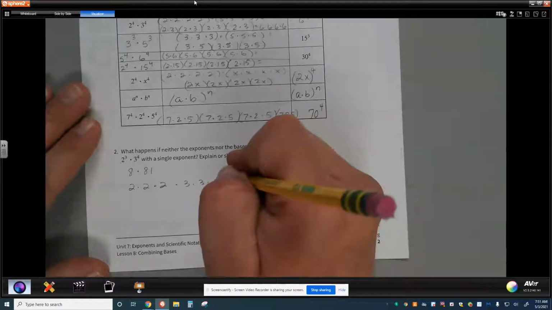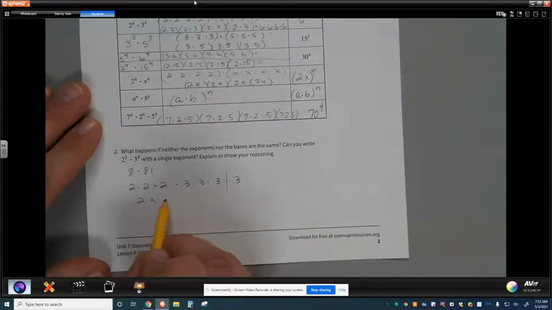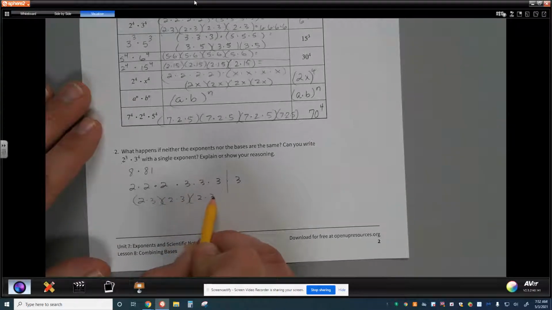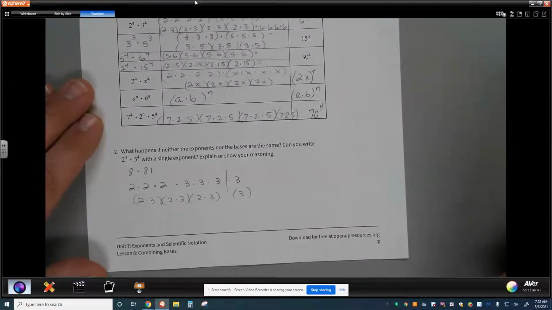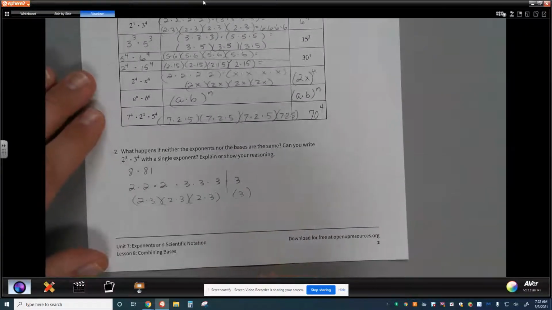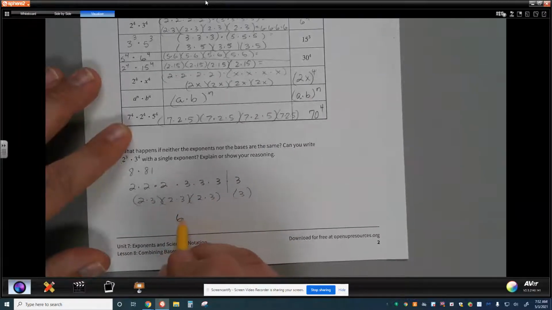So what if we just cut it off here where we recognize this is 2 times 3. We have that grouping, that grouping, that grouping, and then we have this last lonely 3 out here all by itself. We can write this as not a single exponent, but we can say 2 to the third times 3 to the third. This would be 6 to the third times 3.